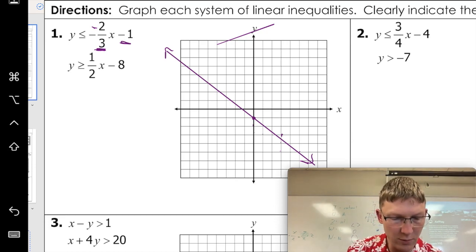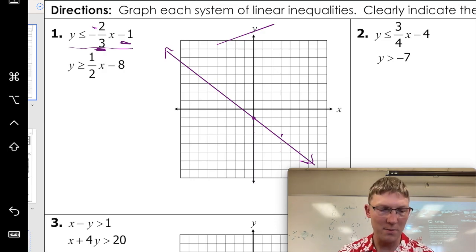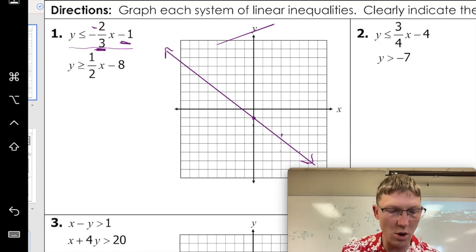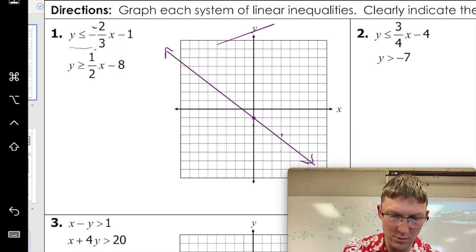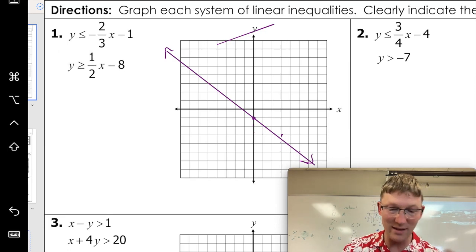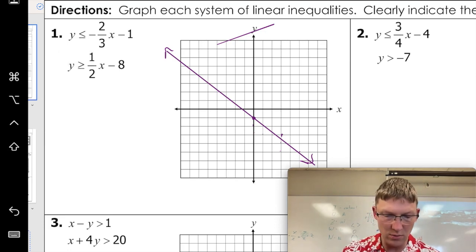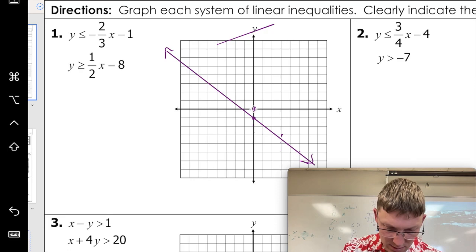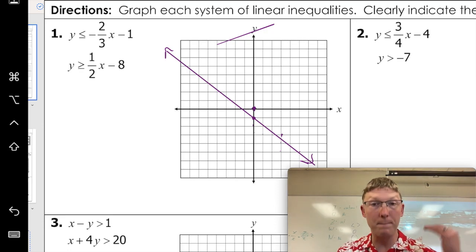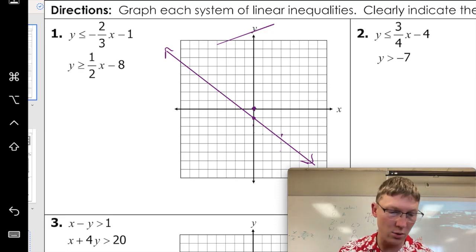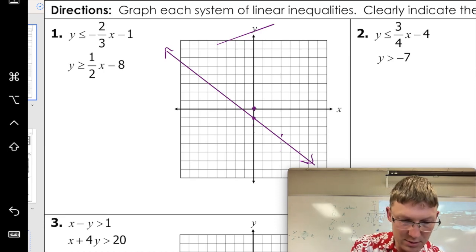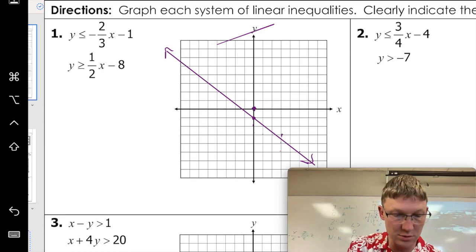Now, once we have the line graphed, sometimes it gets confusing about, okay, do I shade below it or above it? I don't know. So always just pick a point. Generally I'd pick a point that is easy to work with, so 0, 0. And this point is above the line. If we plug 0, 0 into this, we're going to see if that's a true statement.